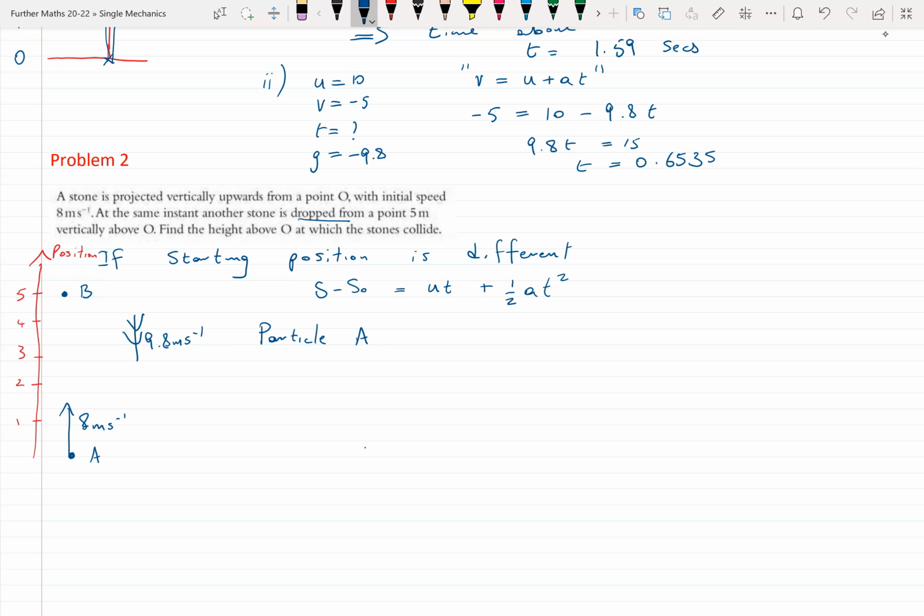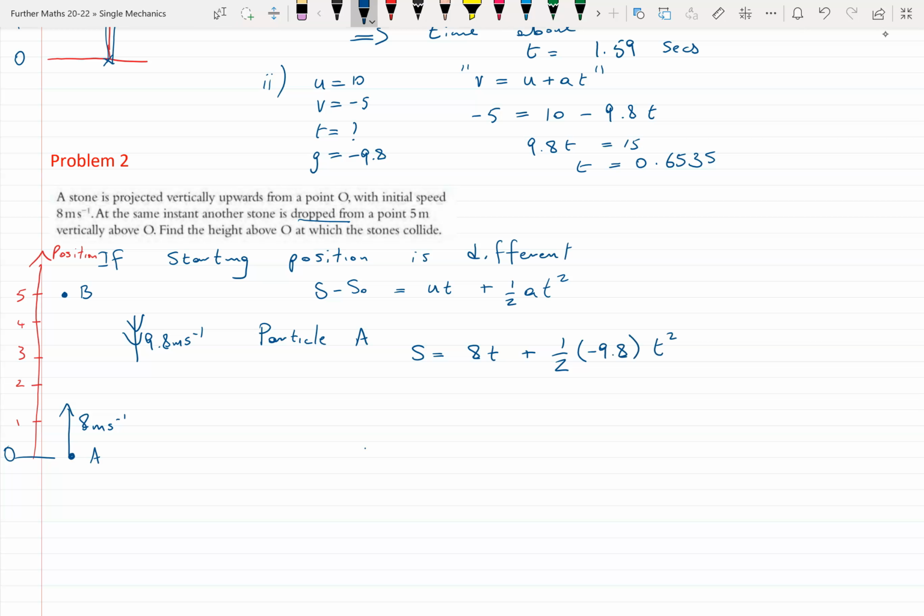This one starts from the origin, so S is equal to 8 times t plus a half times minus 9.8 t squared, so that equals 8t minus 4.9 t squared.